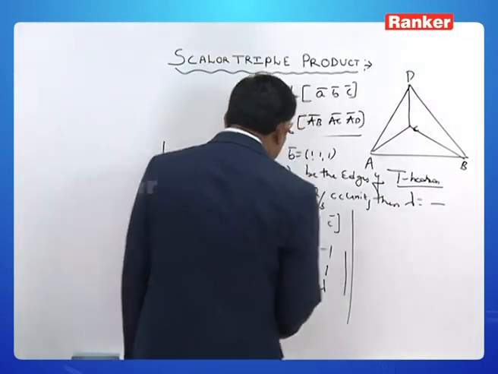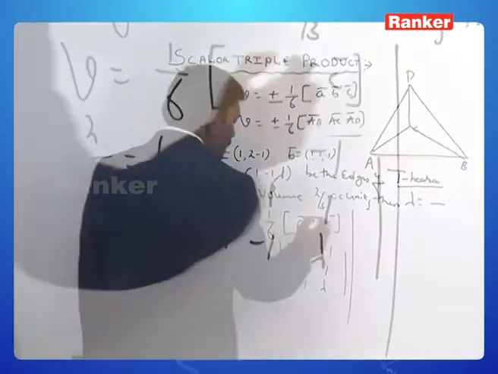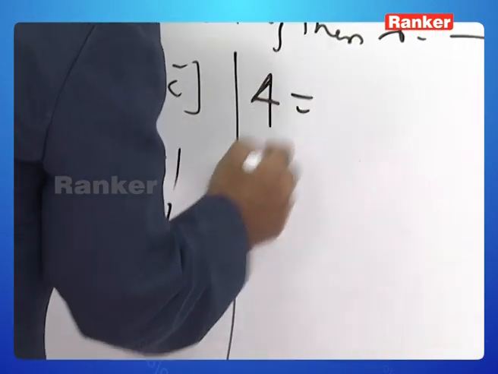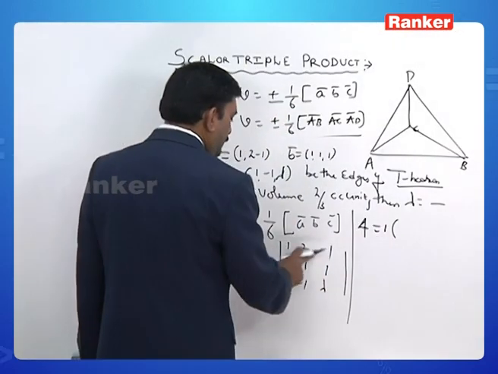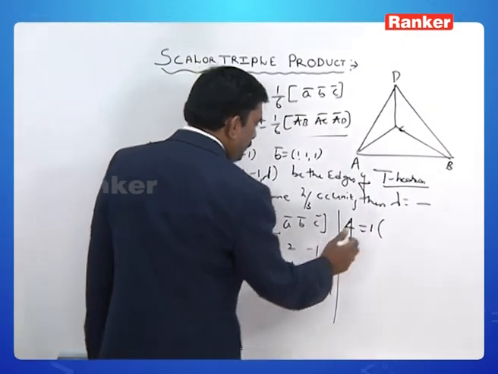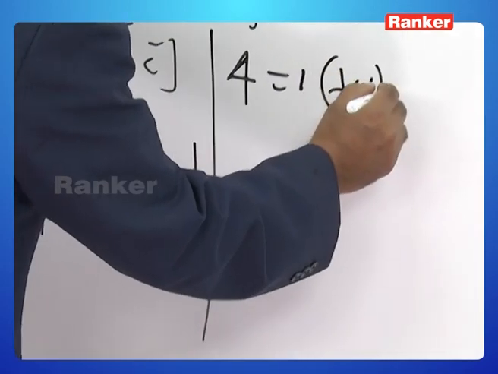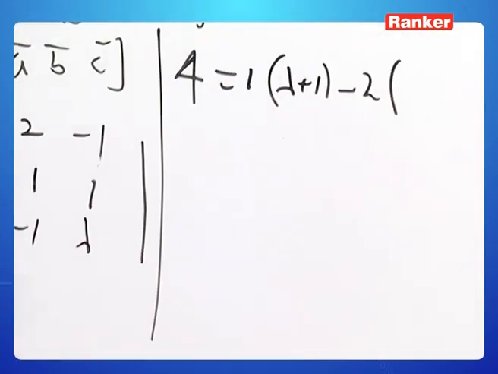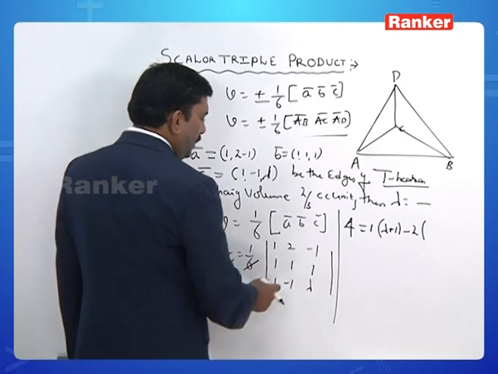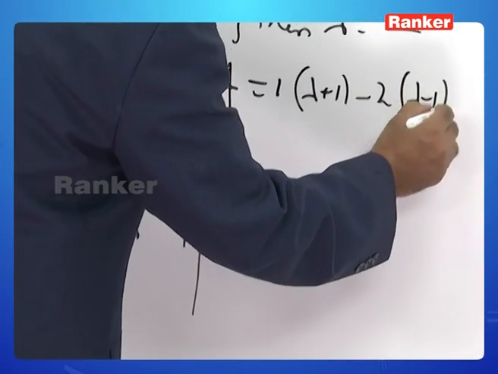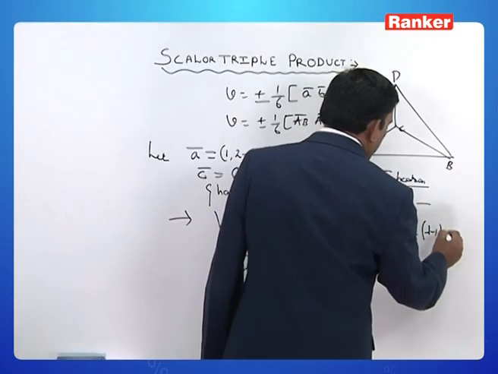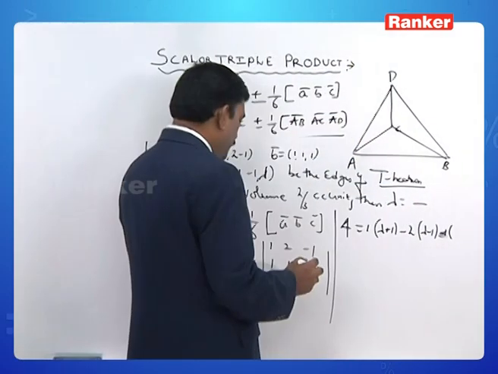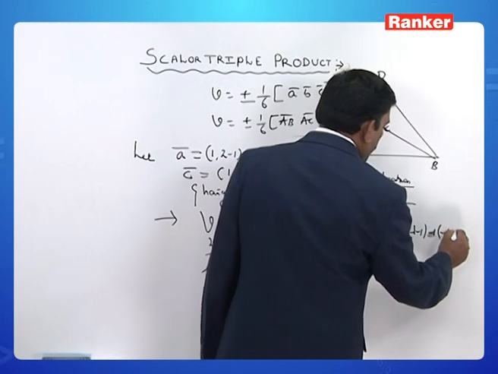Now you expand this determinant. This is 2 by 3. You cancel this, this becomes 4. Now 4 is equal to 1 into, leaving this row and this column, lambda plus 1, minus 2 into lambda minus 1, minus 1 into minus 1 minus 1.